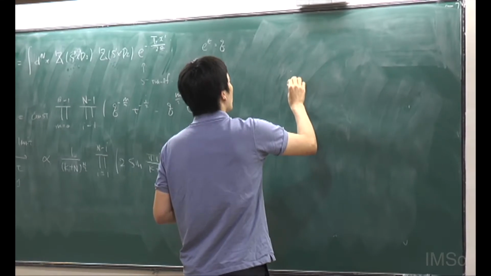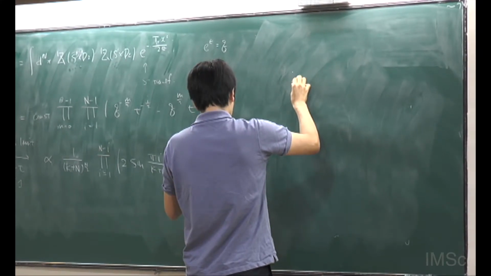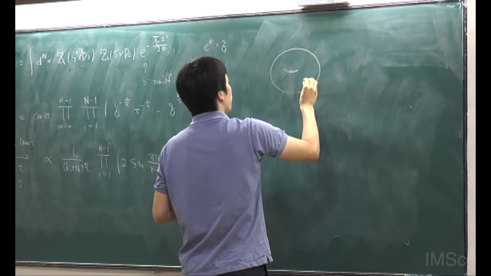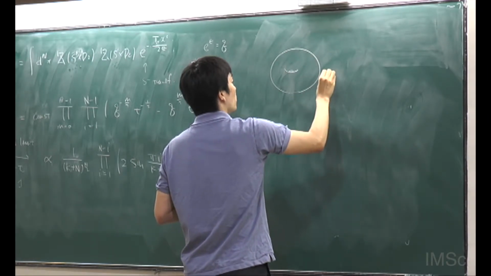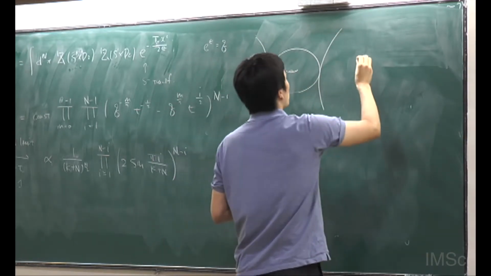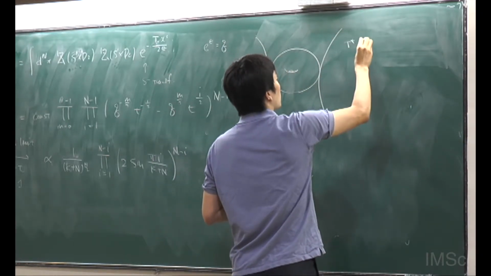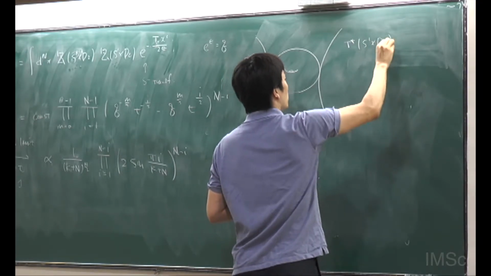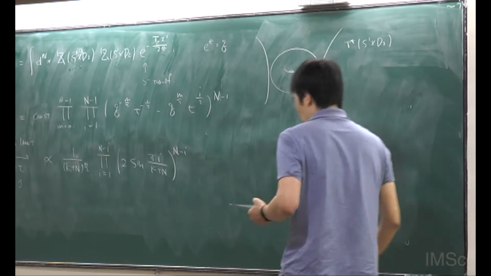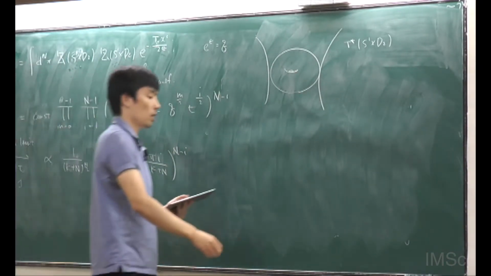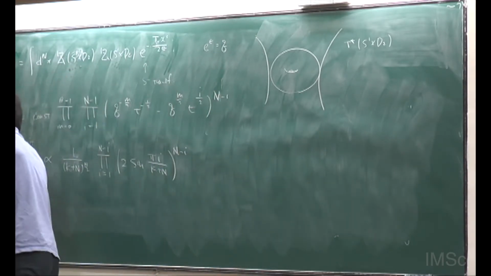It's hard to explain. There is a solid torus S1 cross, and there is a cotangent bundle. So I'll set up this T star cross S1 cross D2, and the D4 brane wraps on this solid torus.